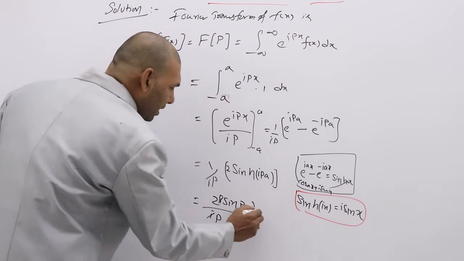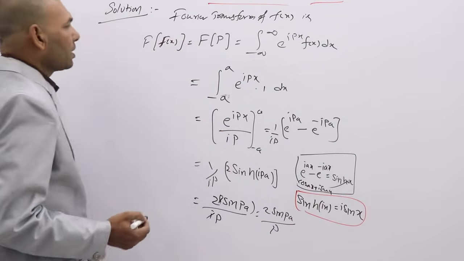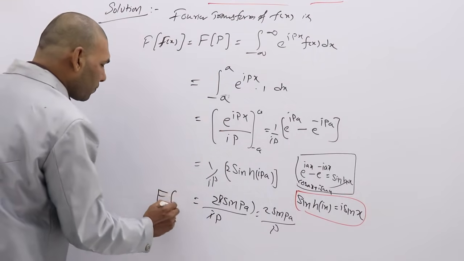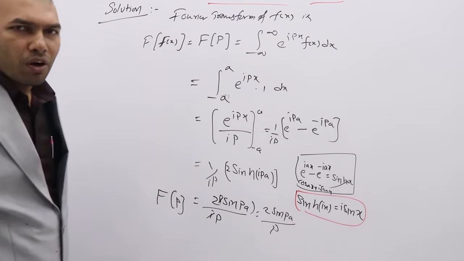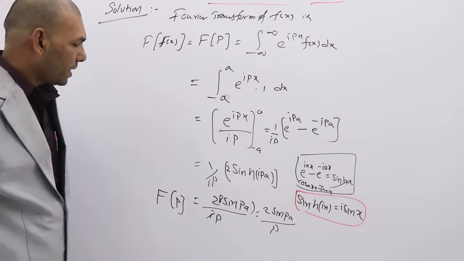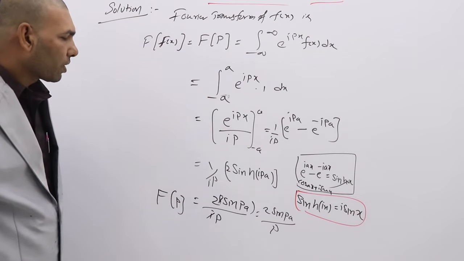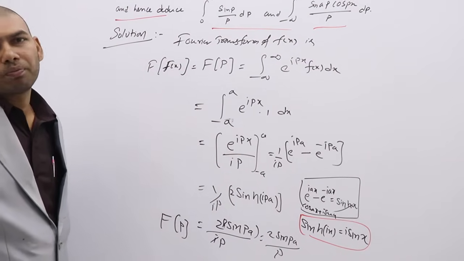The i's cancel. You will have 2 sin(pa)/p. This is the Fourier transform of f(x), the first part of the given problem. The Fourier transform of 1 is 2 sin(pa)/p.